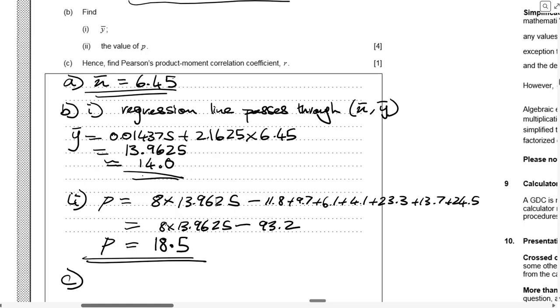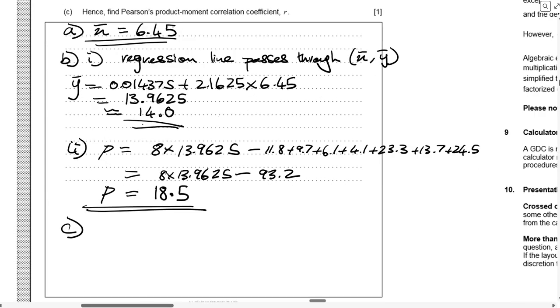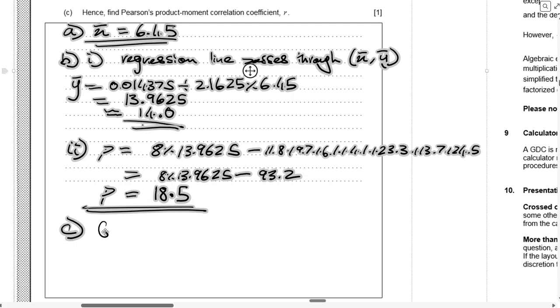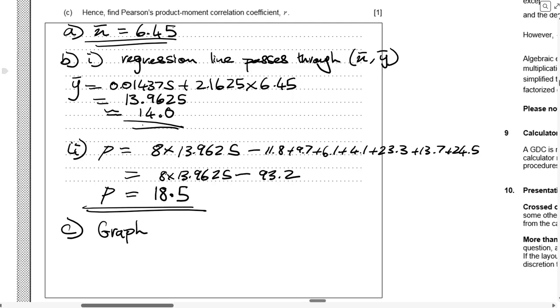Actually, what we want to do is not go to calc, what we want to do is go to graph, right? I'm using the Casio FX CG50 calculator, by the way. And so we want to go to graph. Let's do graph 1. And then let's go to calc.